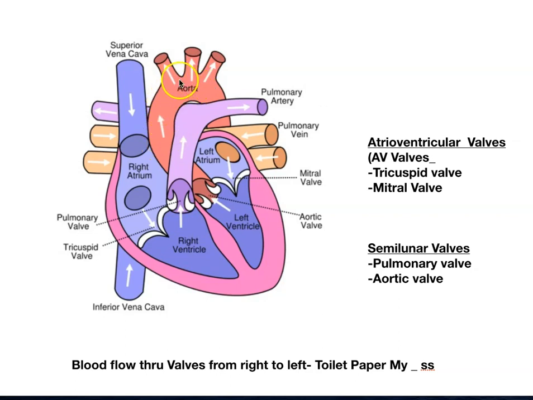Now, the aorta is our largest artery. It is huge. So the aorta is an artery. It's taking blood away from the left side of the heart, and it's going to take blood to the entire body. Got that?